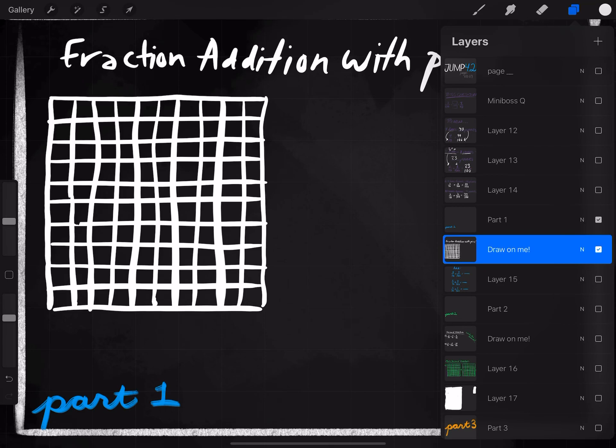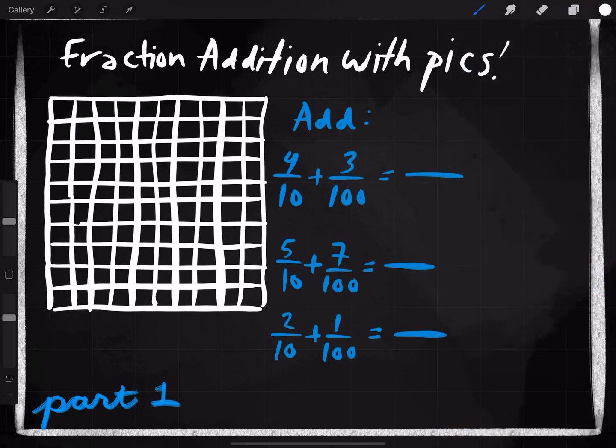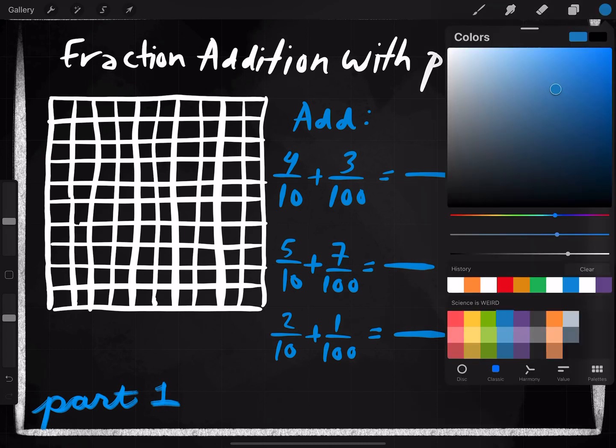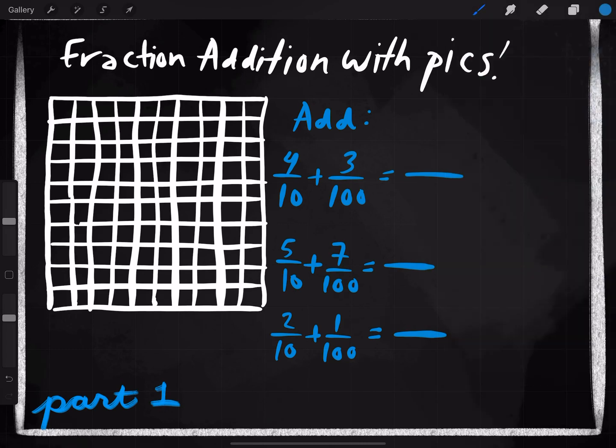So now we're going to do a quick fraction addition with pictures. So I'm going to color in one of these at a time. So 4/10ths. So first we will color 4/10ths. Maybe I can make it bigger.